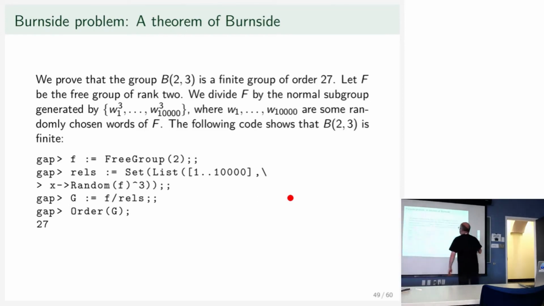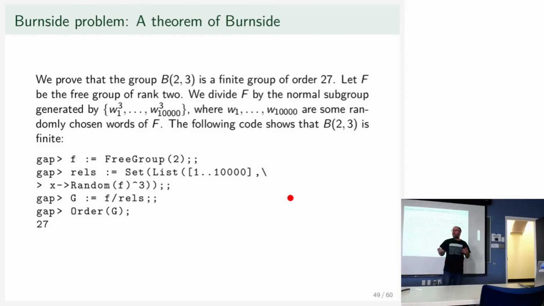So this is what we are going to do to prove that this group is finite. So first we define F as the free group with 2 generators. And then we are going to divide F by the normal subgroup generated by all these relations.